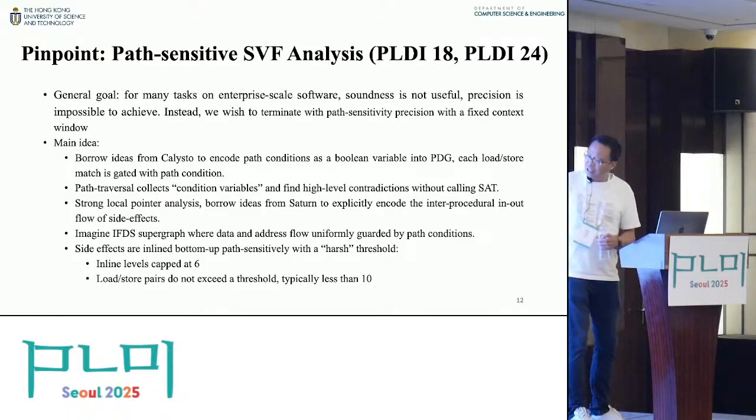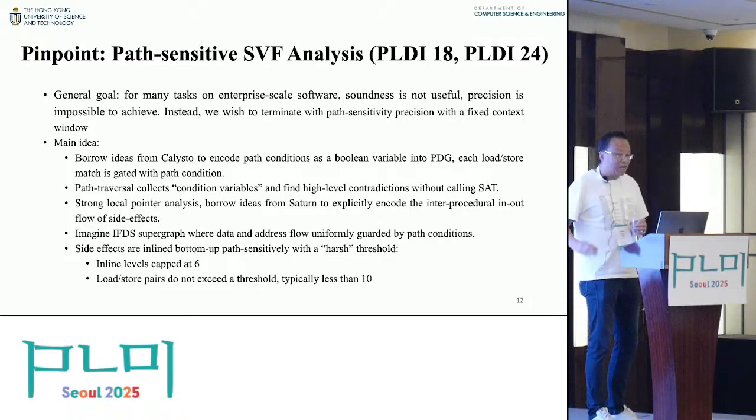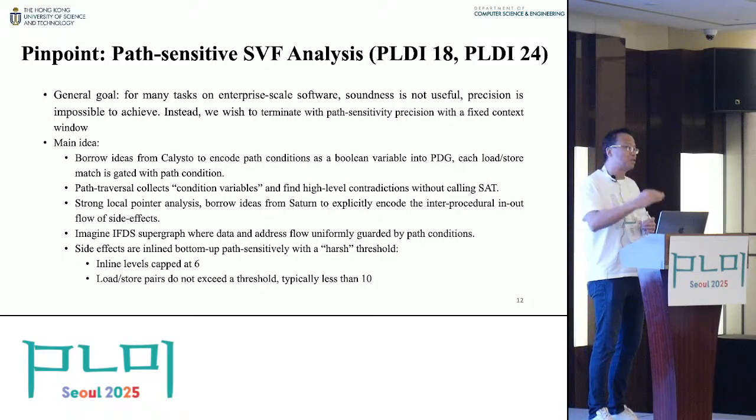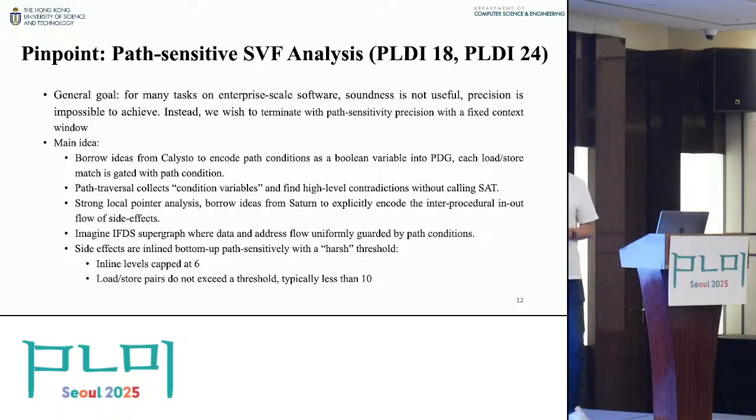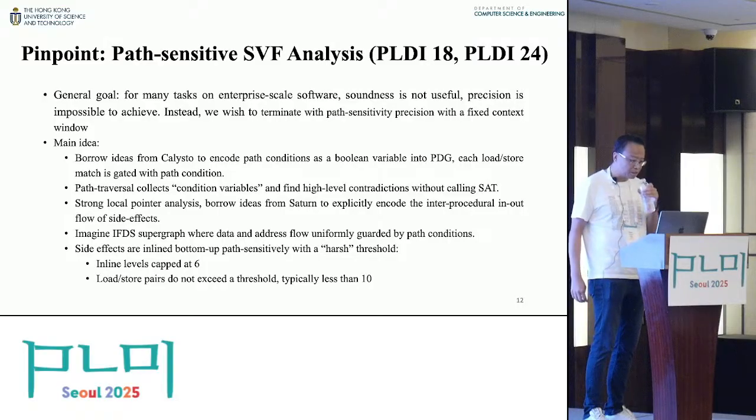Of course, there's the ugly side of it, at the bottom of the slide. We have to impose very harsh limits on how we do that. For example, our inline levels: the context level we can look at is kept at a fixed number, usually 6.